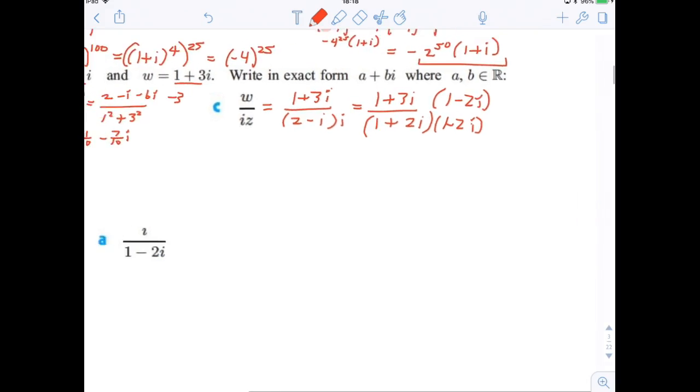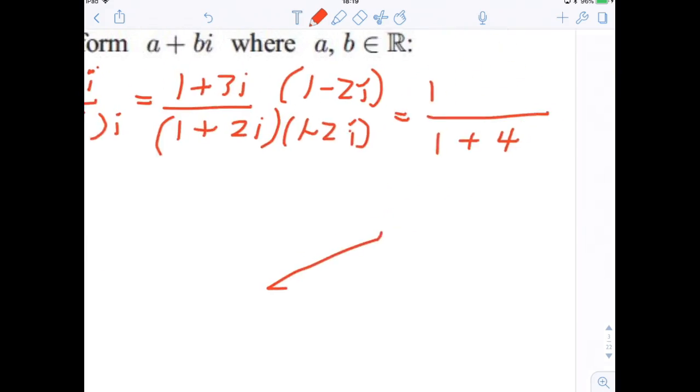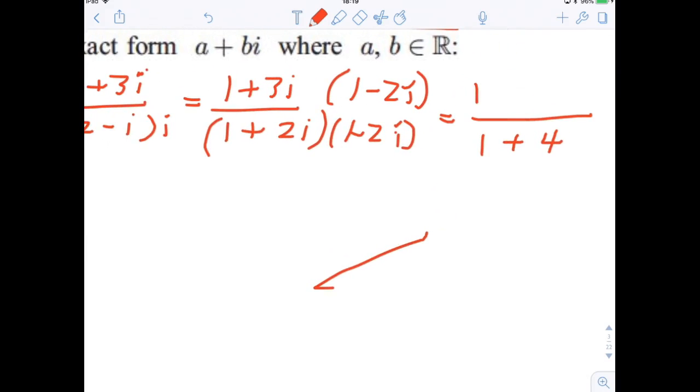Okay, so the bottom is going to be 1 squared, negative 4 times negative 1, which is 4. And then the top is going to be, first term is 1 squared. And the last term is going to be negative 2 times 3, which is negative 6, and i squared is negative 1, so that gives 6.